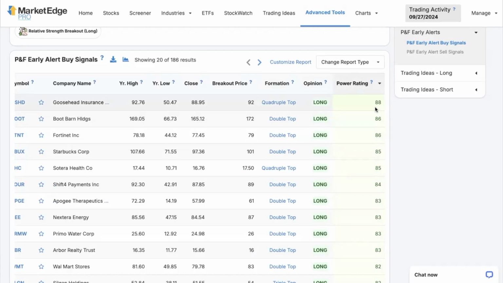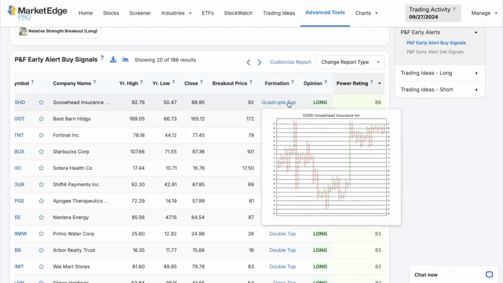And in this case, this SHD, Goosehead Insurance, you may want to look at the volume because I've never heard of this thing. But a quadruple top means that this stock has gotten up to around 92 four times. There you go. You look at that. Every time it gets up to this 90 level, it can't get through it. So you sit on the sideline.